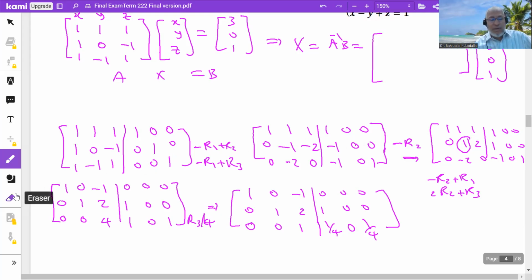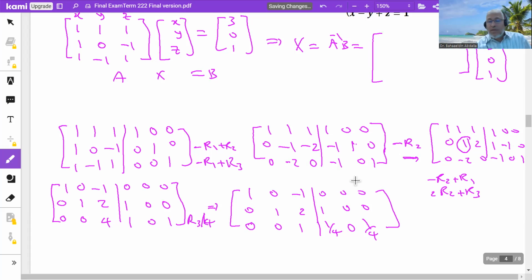This is 1. This is not 0. It is 1. Because I multiplied R1 by negative 1 and added to R2. So negative 0 plus 1, this is 1. Okay. So if this is 1, now when I multiply by minus sign, it would be negative 1. So this is negative 1.